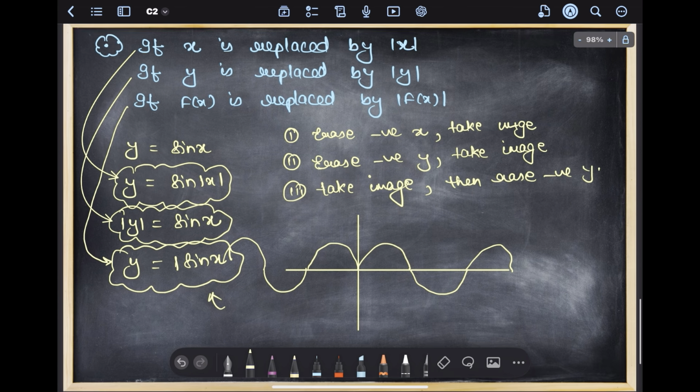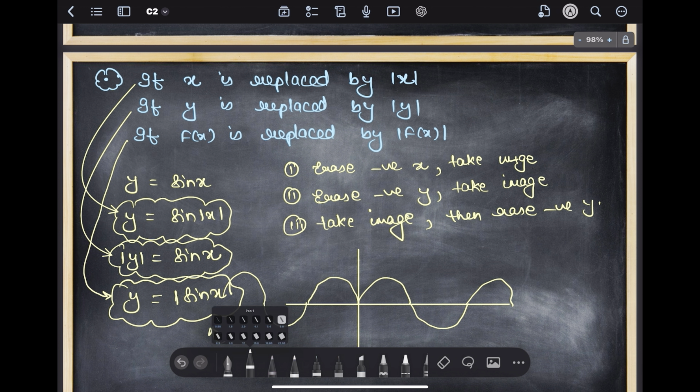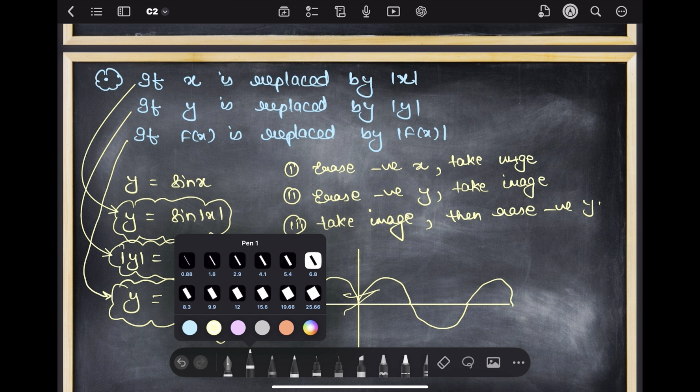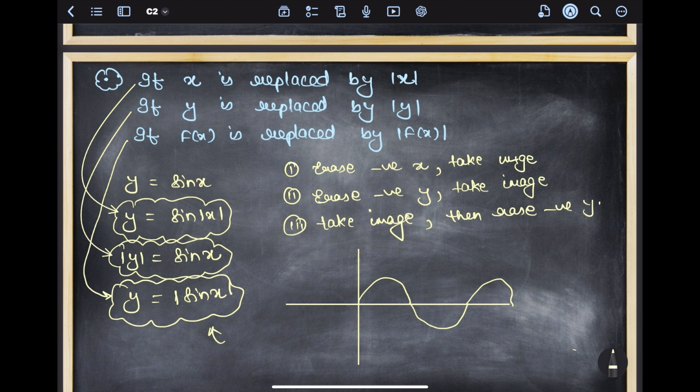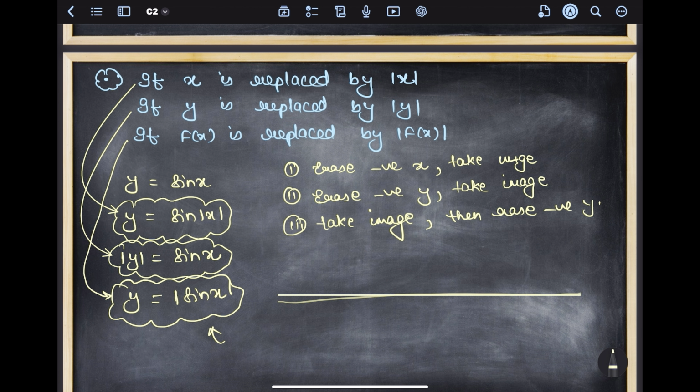Now, same situation, if y is being replaced with mod y. So in that case, what you have to do? You have to erase negative y first. Okay.